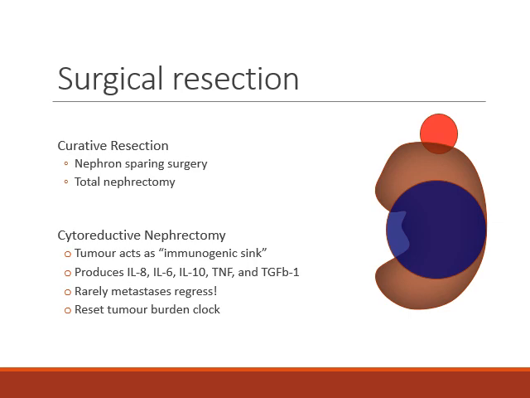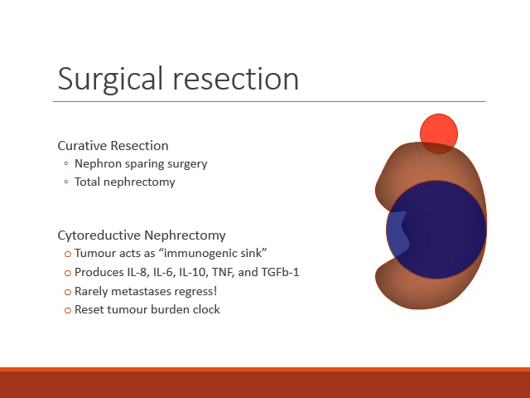It also creates a load of mediators that promote inflammation and inhibit T cells. There's a bunch of different interleukins that you don't have to learn. So if you remove this big load of immunosuppressive tumour, then the reduced tumour burden improves the host's immune surveillance, and it also improves response to any further treatments you give them.